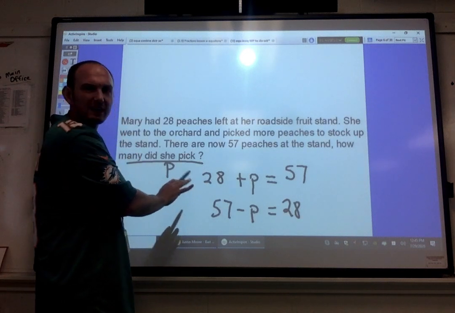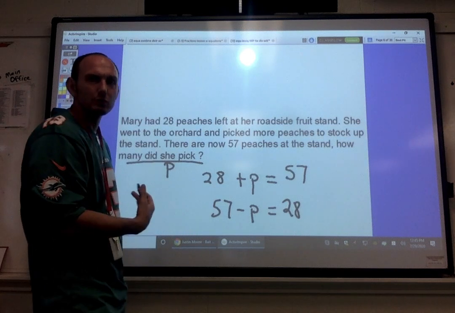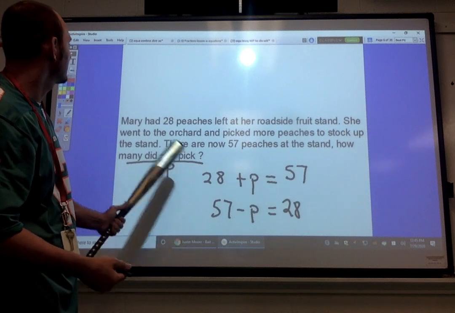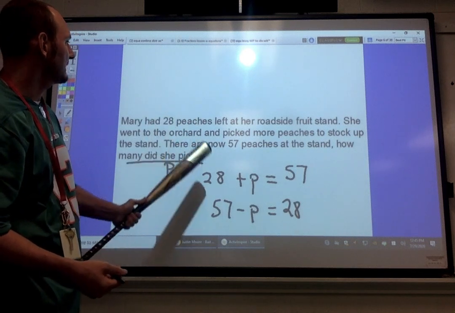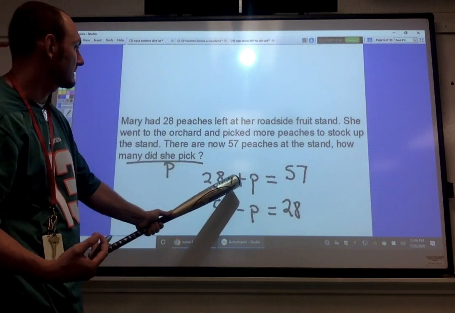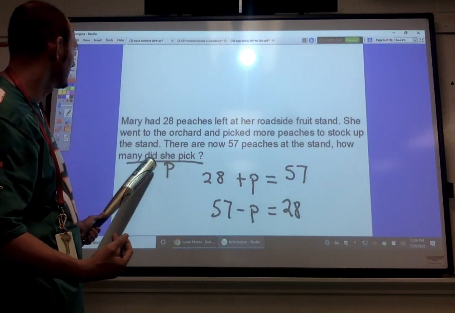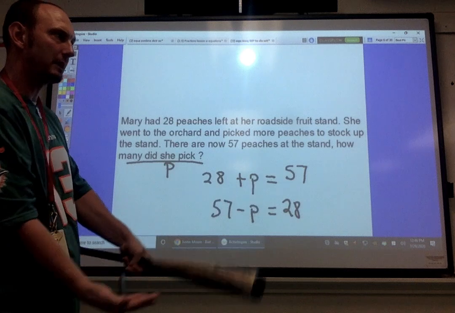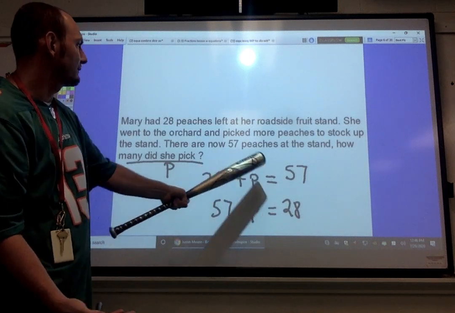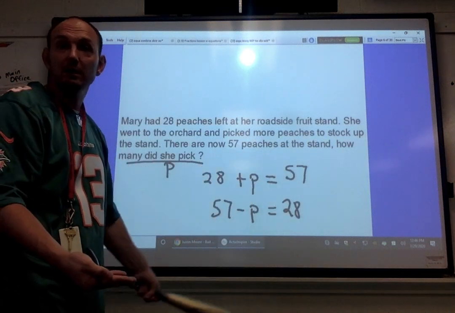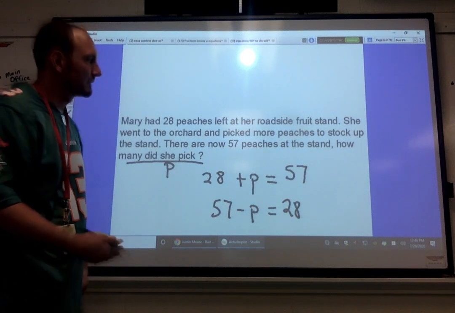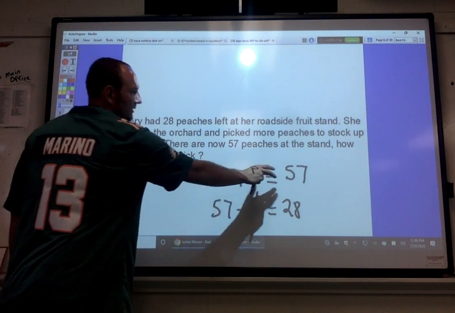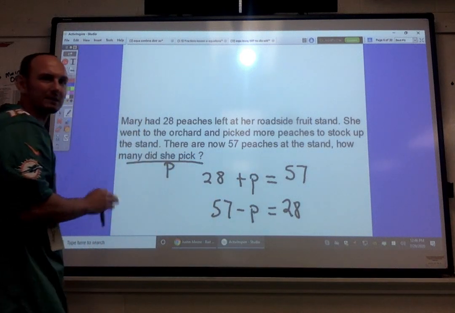So if I read it, I can check and see if it makes sense. 28, okay, the 28 I had left plus P. What did I say P was? However many I picked. So what I had left plus what I picked is 57, the ones I have left at the stand. That makes sense. So if you get in the habit of rereading your numbers and your equations like a sentence, read it like a sentence.